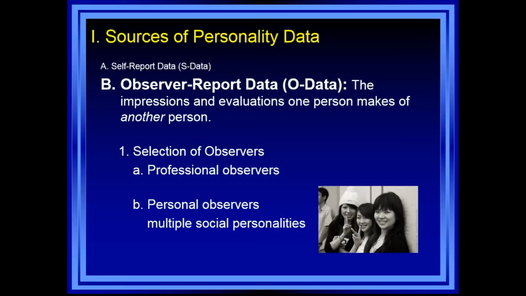That's a professional observer. You can also use personal observers, and those are people who actually know the target individual. Their roommate, their spouse, their family member, their classmate, their employer. They have a relationship with the target individual beforehand.